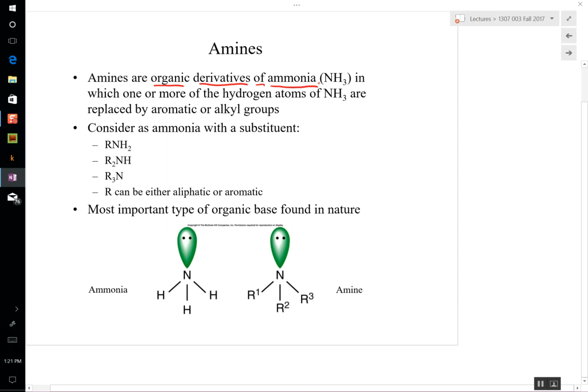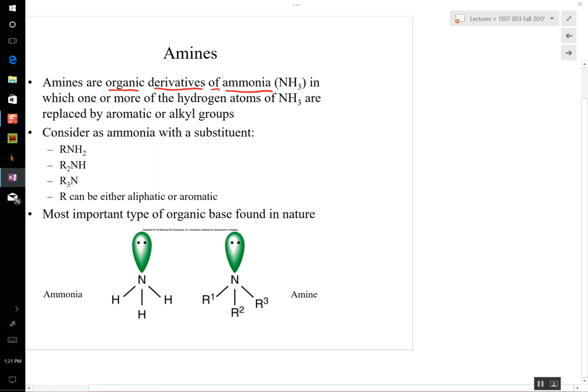So we're dealing with ammonia here. The starting point, that's not an amine, that's ammonia. It's not organic, it doesn't have any carbon on it, so it's an inorganic molecule. Let's remind ourselves a little bit about ammonia and nitrogen.